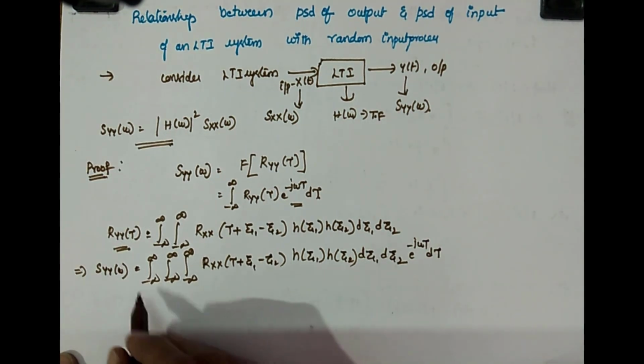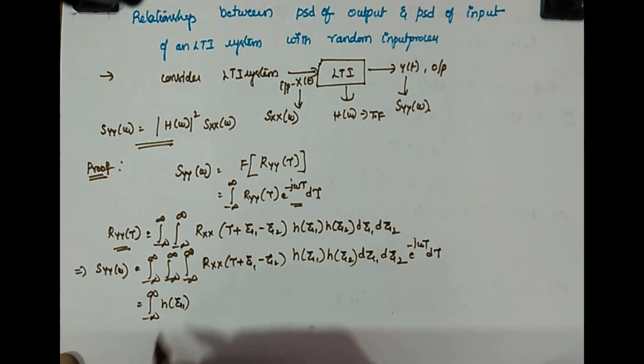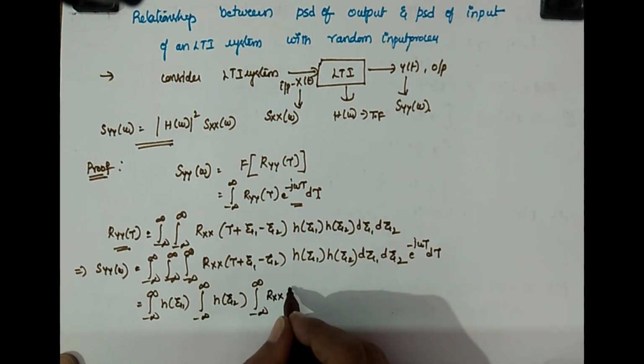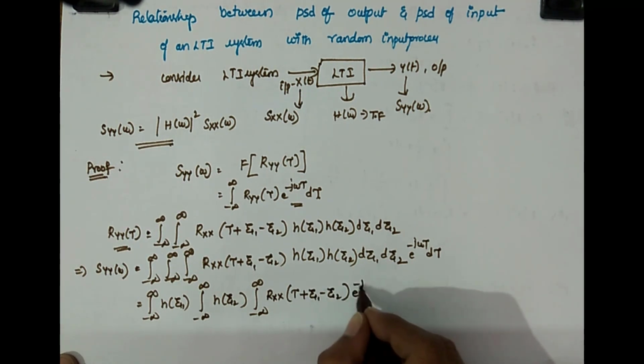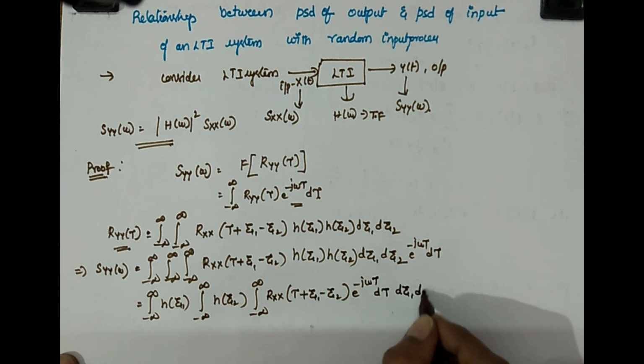Now if you separate this, take the first integral with h of delta 1, the second with h of delta 2, and for the third integration you take the integral from minus infinity to infinity of Rxx of tau plus delta 1 minus delta 2 e power minus j omega tau d tau, d delta 1 and d delta 2.